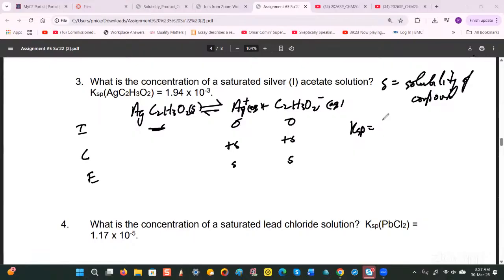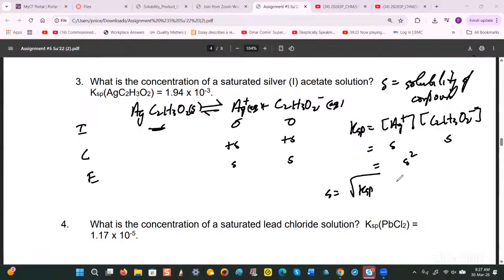The solubility product is equal to the concentration of Ag plus times the concentration of C2H3O2 minus, right? And then we put in the terms S here and S here, so that will be equal to S squared, which means that S would be equal to the square root of KSP, and they gave us the KSP value, which is 1.94 times 10 to the minus 3.